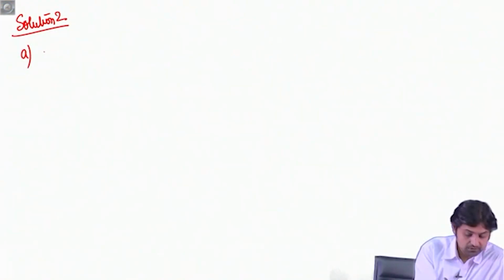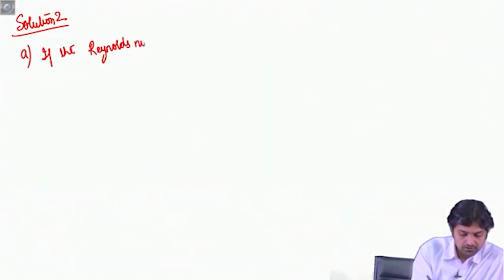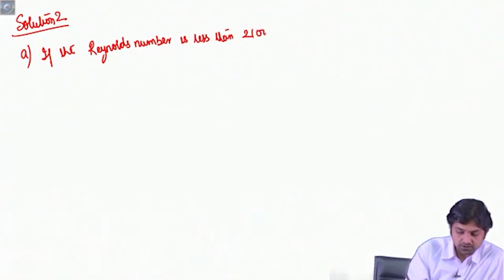The solution to the first one. If the Reynolds number is less than 2100, the flow is laminar, correct?